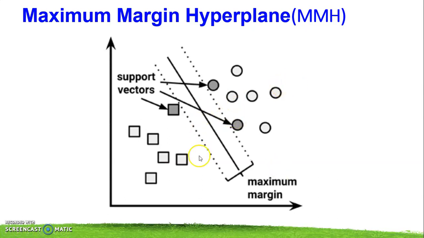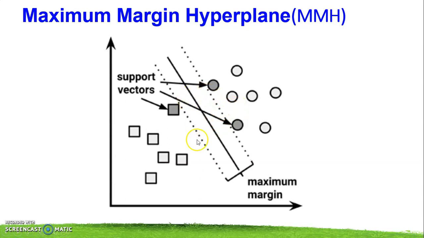In this diagram the maximum margin hyperplane is clearly represented, and this margin will separate the circles and squares into two different groups.